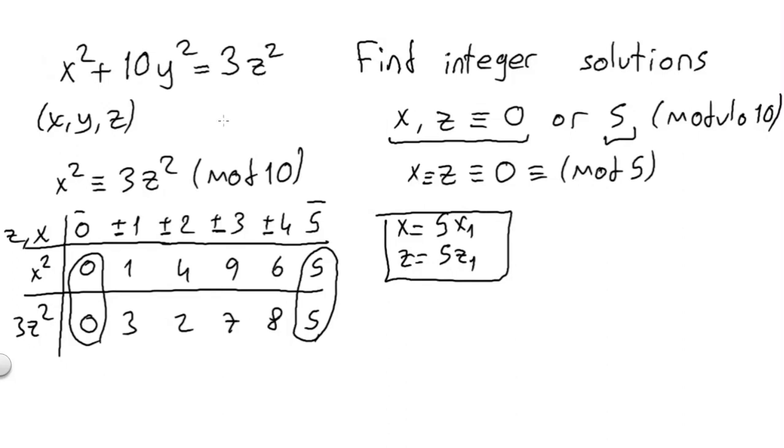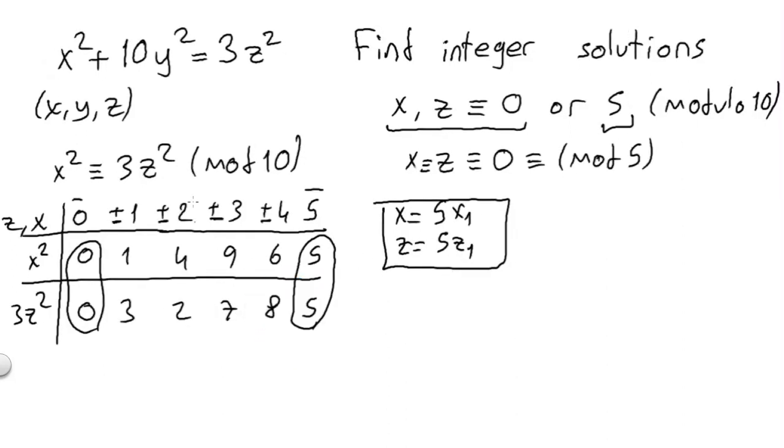Now let's substitute this into my equation and see what we get. x squared is going to be 25 x1 squared, plus 10y squared, equal to 75 z1 squared. Now I can divide all sides by 5.